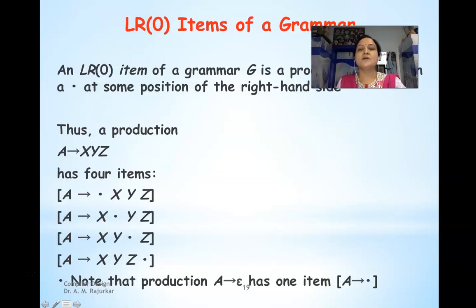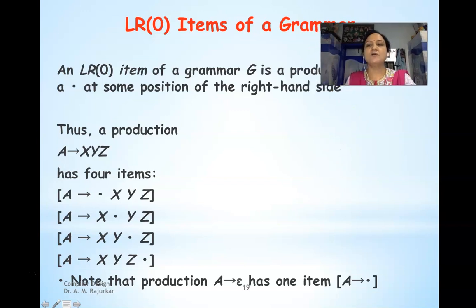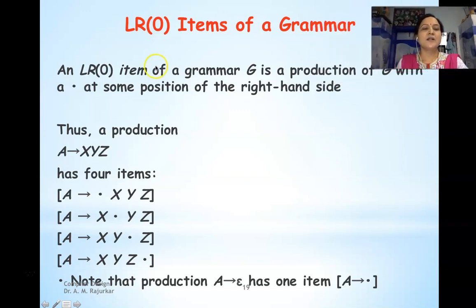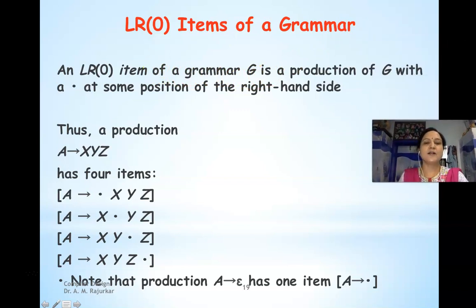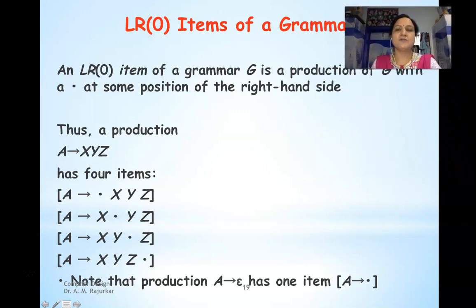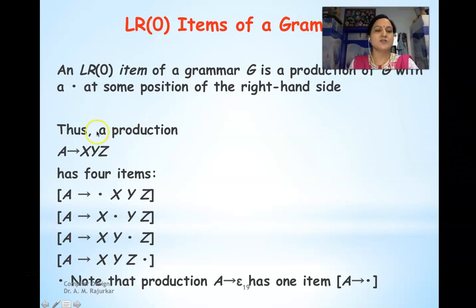So now let's see the definition of LR0 items. An LR0 item of a grammar G is a production of G with a dot at some position on the right hand side. Here are examples of LR0 items. Suppose there is a production in the given grammar A tends to XYZ. It will lead to 4 different LR0 items.